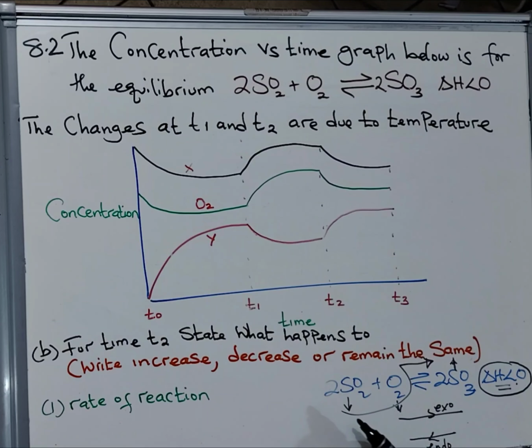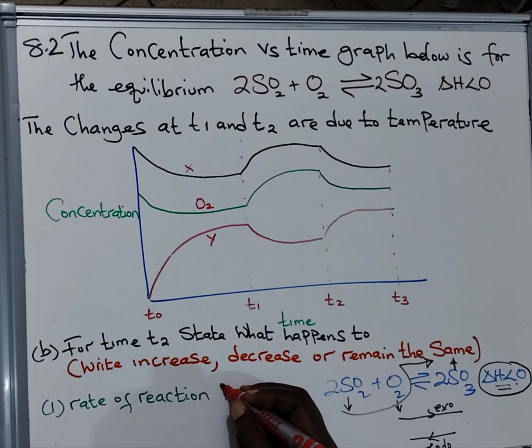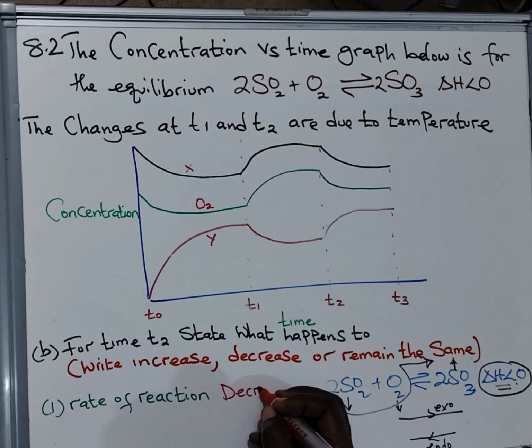So let us look at here. Our position is forward favored, and forward is exothermic. So what does that mean? It means temperature decreased. And we know that decrease in temperature decreases the rate of reaction. So what is the answer here? The answer is decrease.